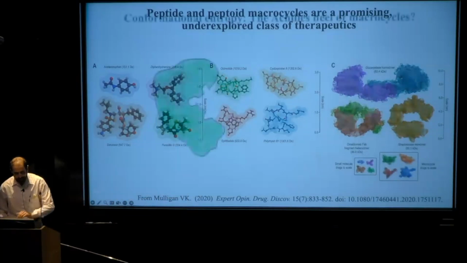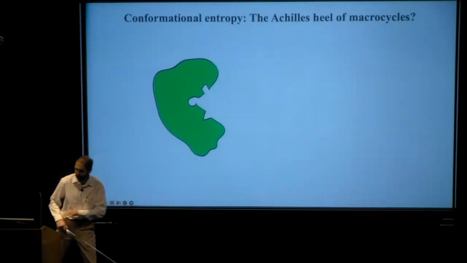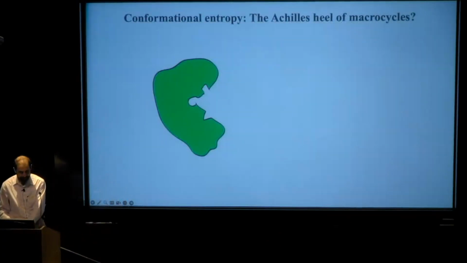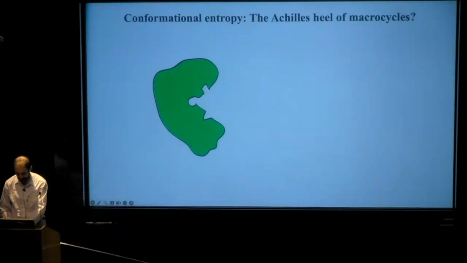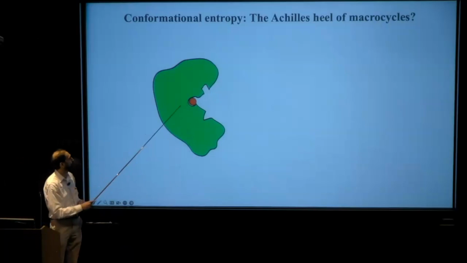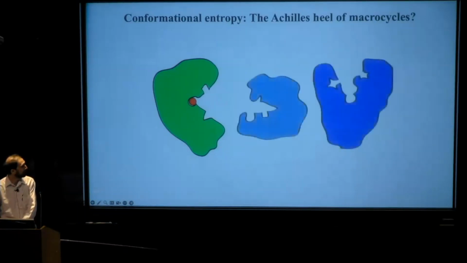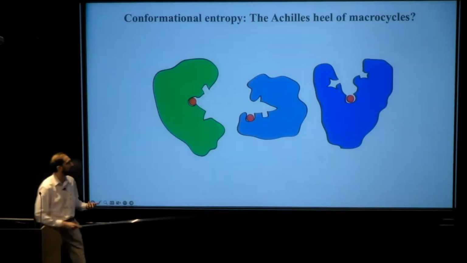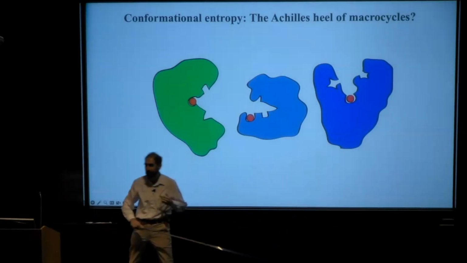Now there is one problem with things in this medium-sized range. So a small molecule, if you try and get it to bind to your target, so let's say this green thing is your target protein, and this red thing is a small molecule. And it binds into a little pocket in your target. I already said that the problem is that it'll probably bind to pockets in a bunch of other proteins as well and produce side effects.